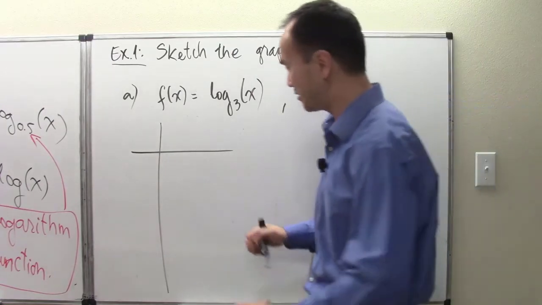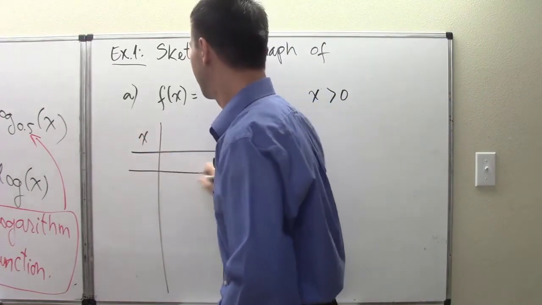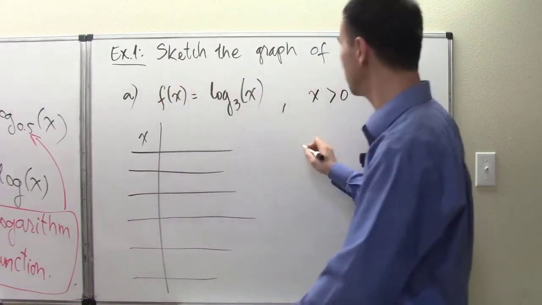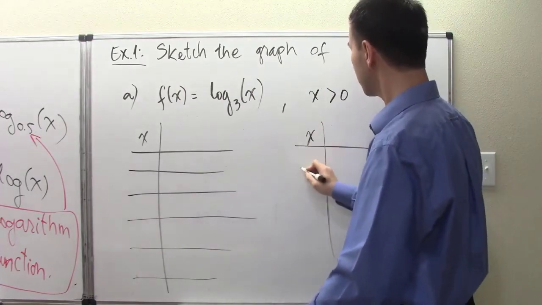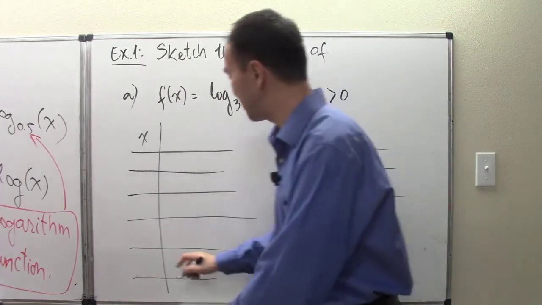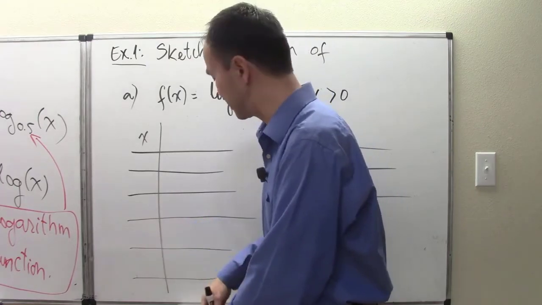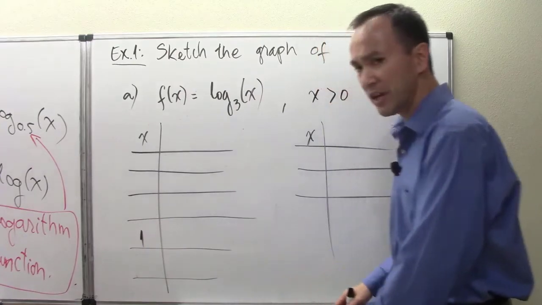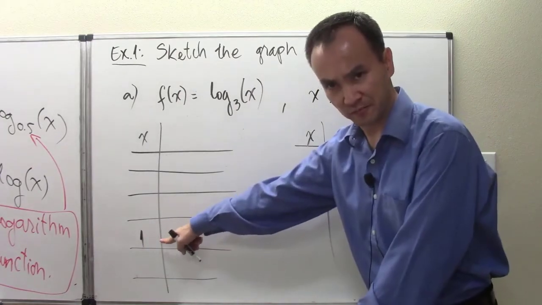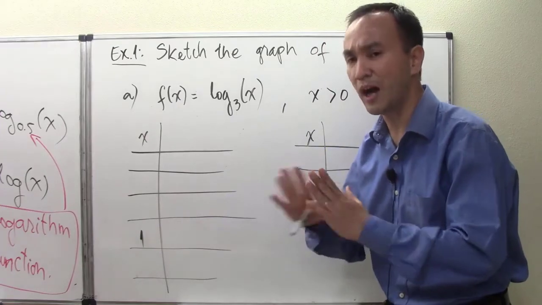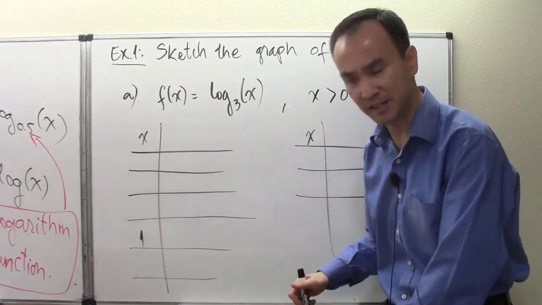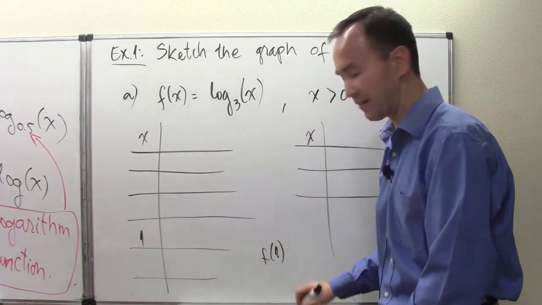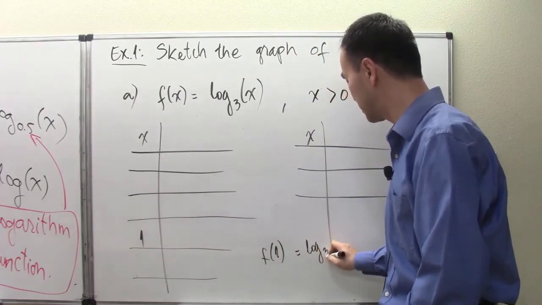Now let's sketch down a few values here. I may need to produce two separate tables to continue. Since we agree we cannot take 0 or negative, I'm going to go with 1. If you don't want to do mental math, you can use your calculator. 1 here means f of 1, which means log base 3 of 1.